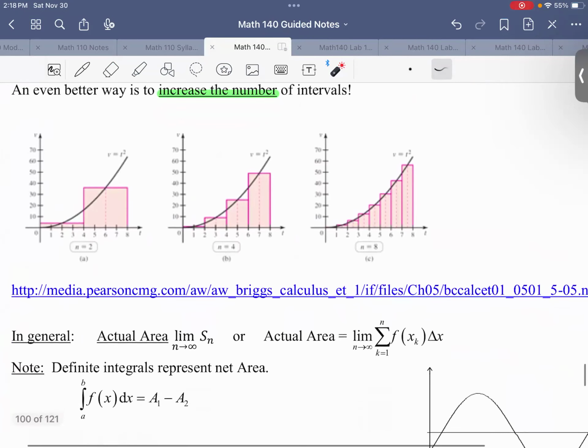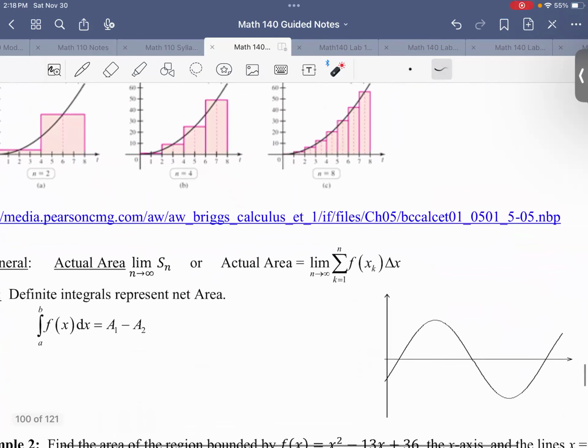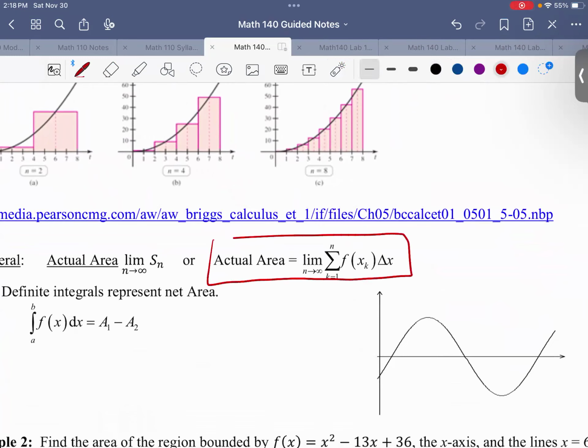But what if we take an infinite amount of rectangles? An infinite amount of rectangles. And when we do that, that's going to give us the actual area. So the actual area is an infinite amount of rectangles.